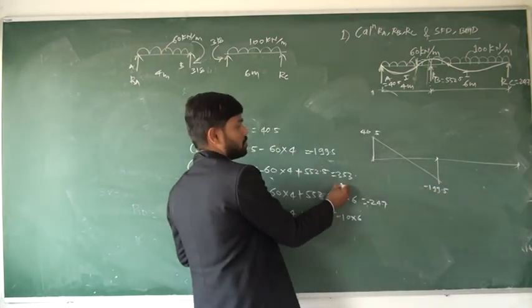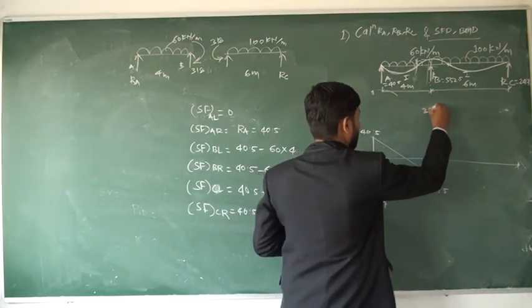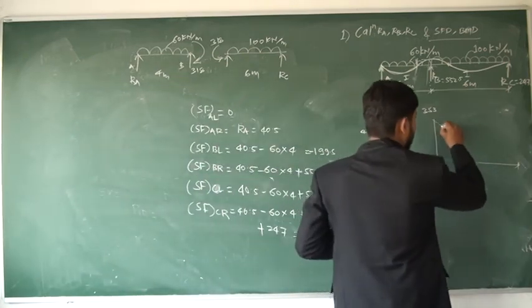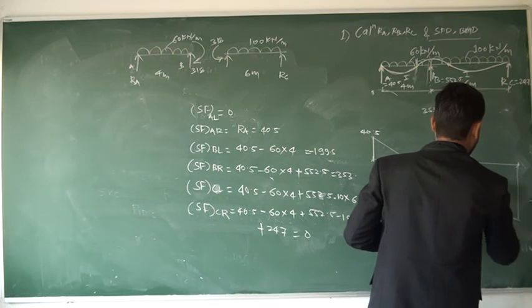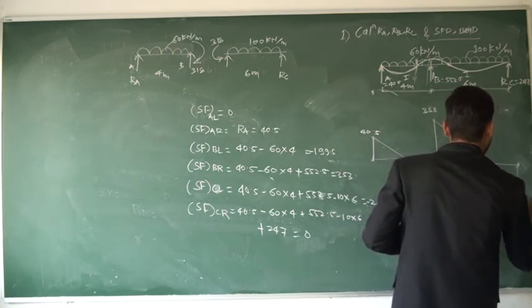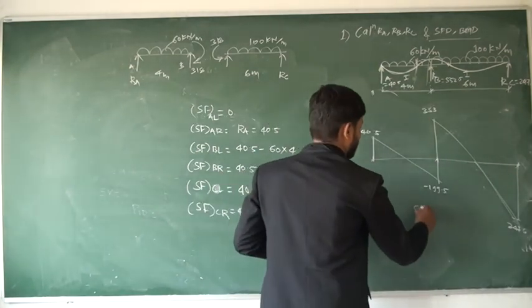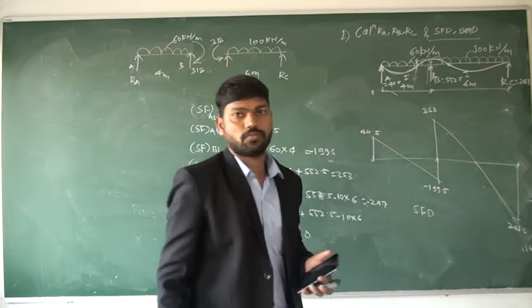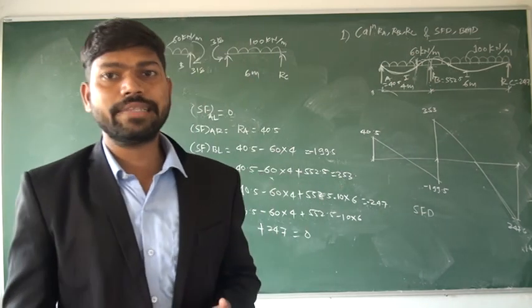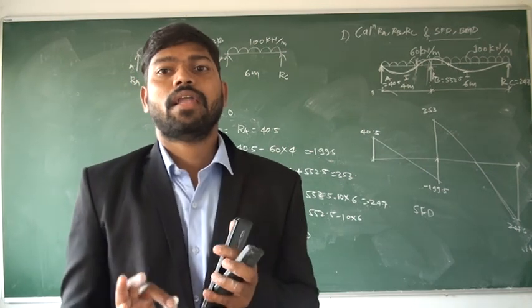Then at the same point it increases to 353, then again decreases to 247, and then it is 0. So this is the shear force diagram.